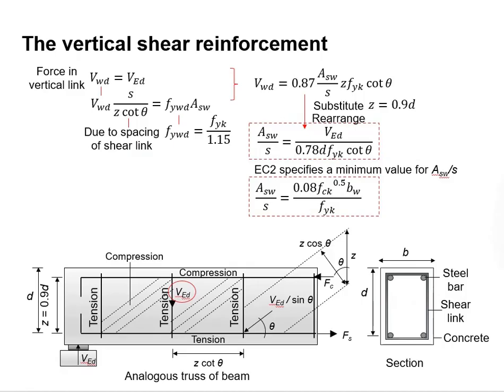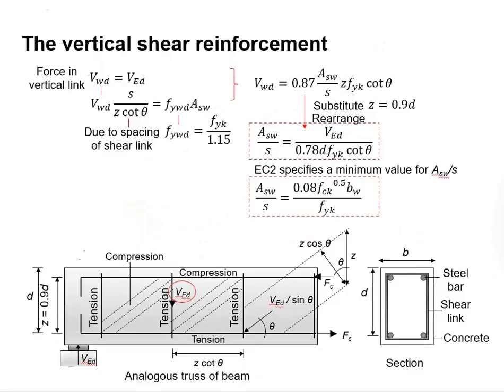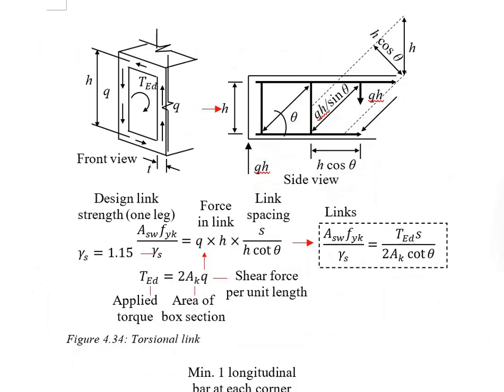Try not to get confused with the area of the link that you use for the torsional design. To make it simple, torsional design, the area refers to one leg. Shear resistance design, the area refers to both legs.